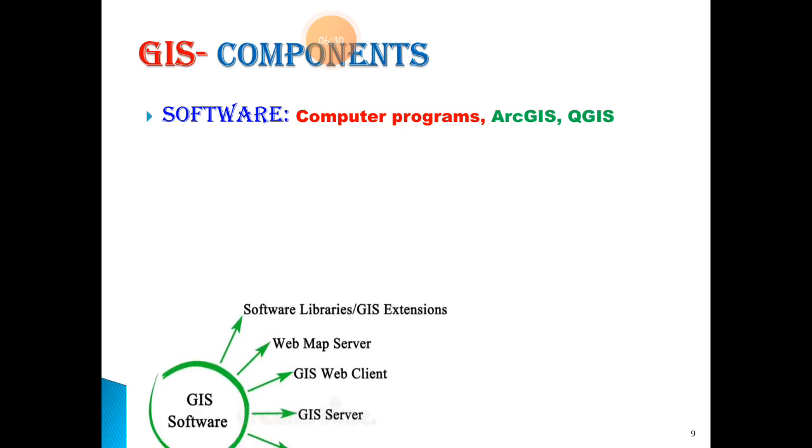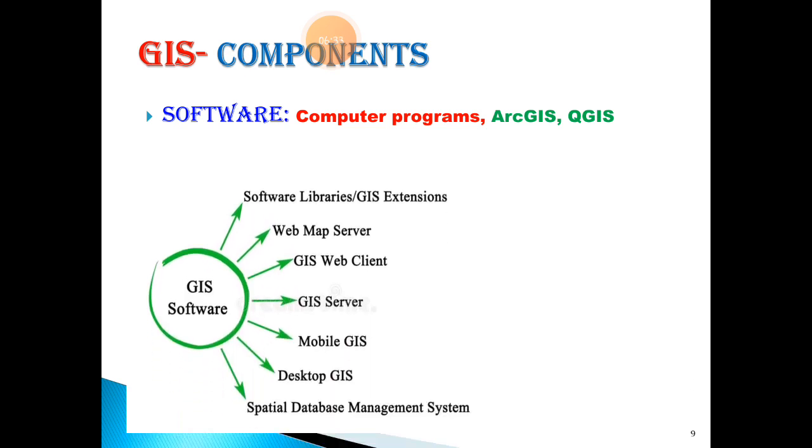The next component is software. This is the component that includes various computer programs or tools that are used for the operation or working of GIS.